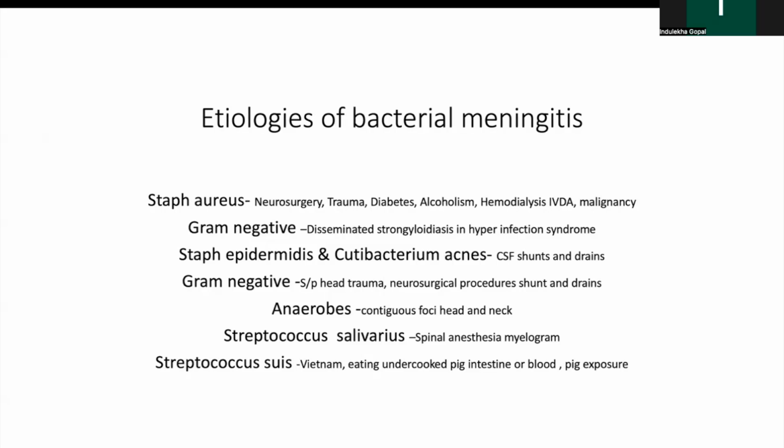Staph epidermidis and Cutibacterium are associated with CSF shunts and drains. Another scenario where you see gram-negatives is after head trauma, neurosurgical procedures, shunts and drains. Anaerobes, usually from contiguous foci in head and neck. Streptococcus salivarius has an association with spinal anesthesia and myelogram. Streptococcus suis in Vietnam is associated with eating undercooked pig intestine or blood and pig exposure.